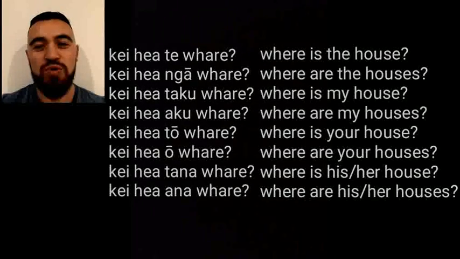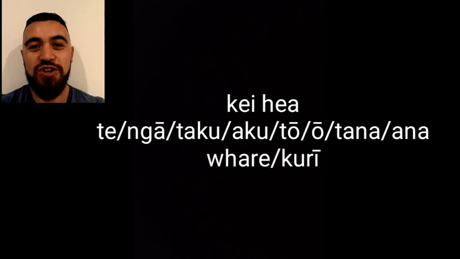If we add one more word in there and we change whare to, let's say, kuri, which means dog, we've now got another 8 sentences to work with. So we've learned our 8 sentence structures, and every time we add a new word on the end, we're going to have 8 new sentences.